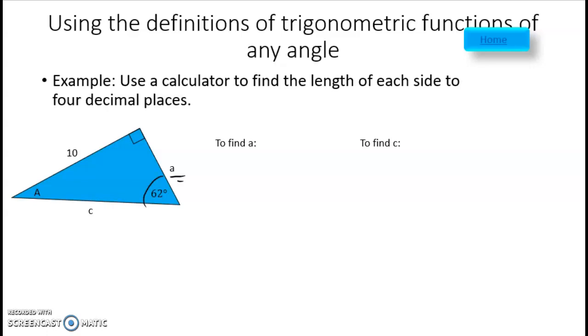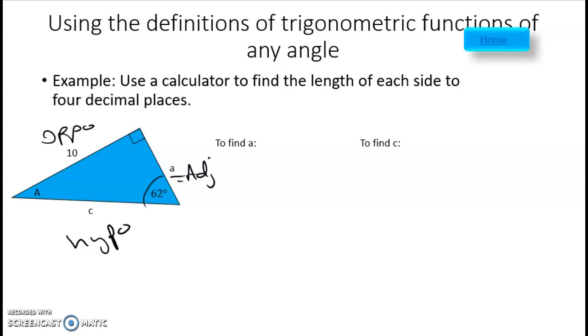According to this angle right here, this side is opposite to it, while this side is adjacent, and this side is hypotenuse, because it is straight across from a right angle.